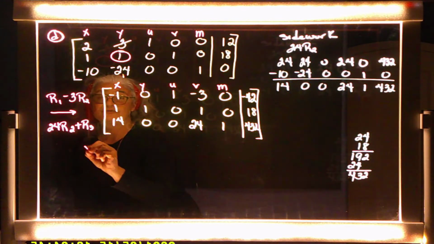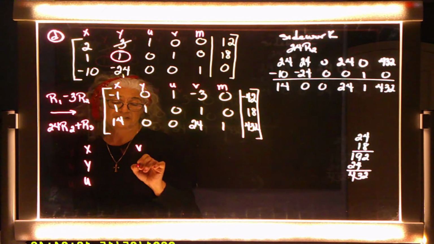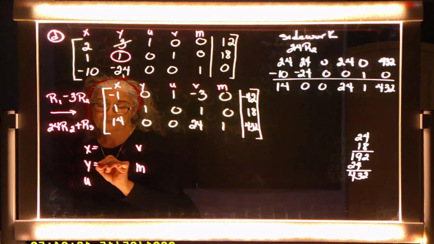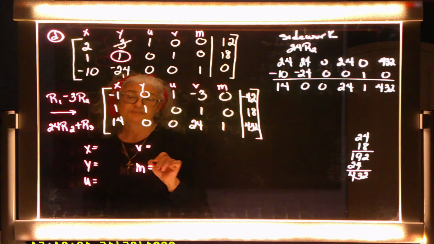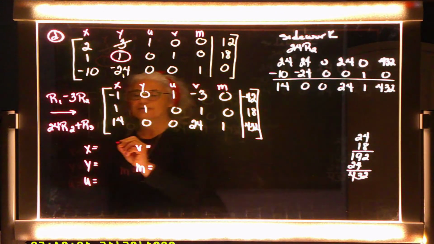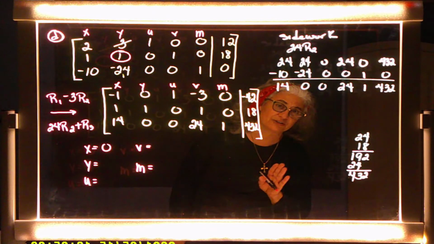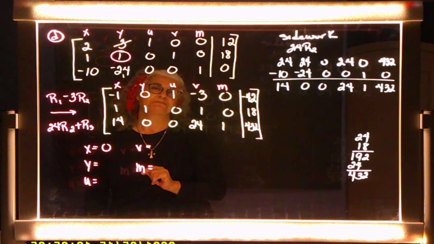Okay, and now we're ready to find the value of these variables, x, y, u, v, and m. Okay, so what about the x? What value do you think the x is going to have? Very good, a 0. Why? Because the x column doesn't have just ones and zeros. How about the y?